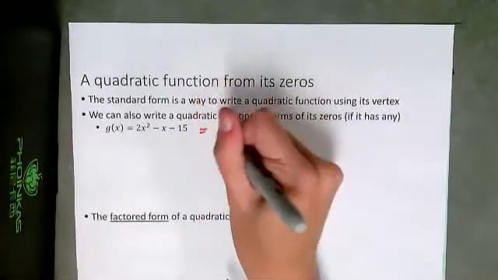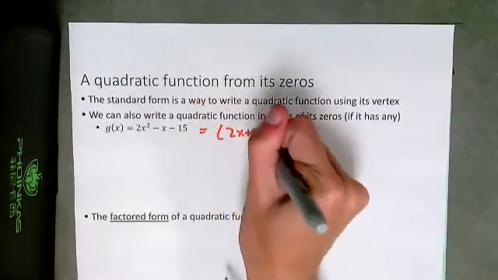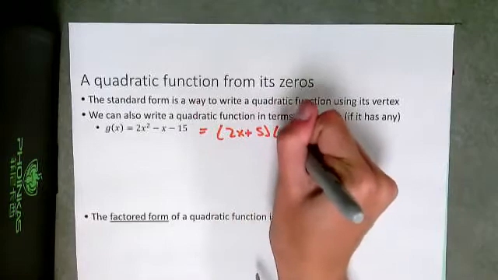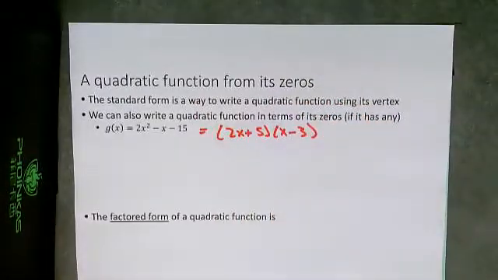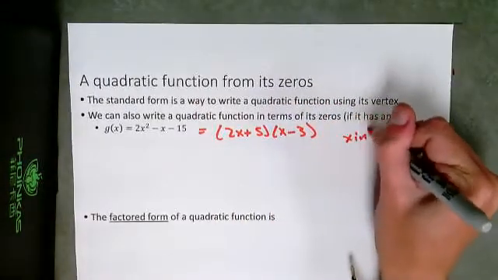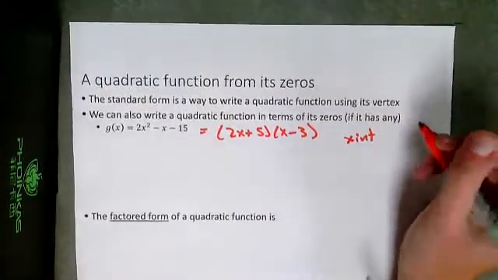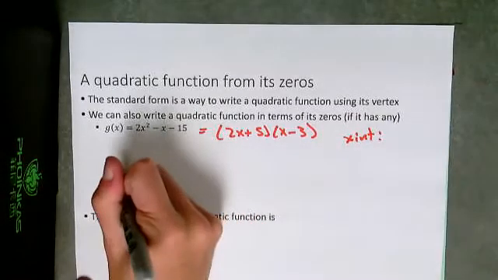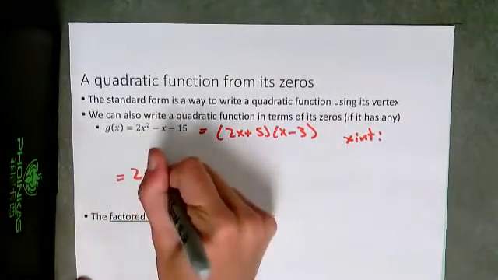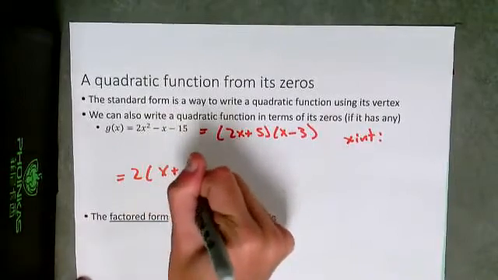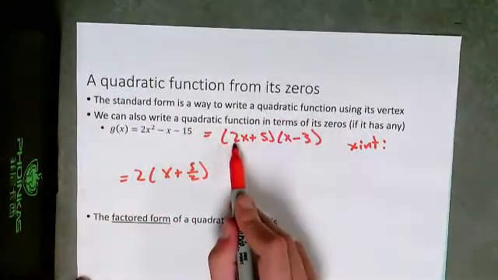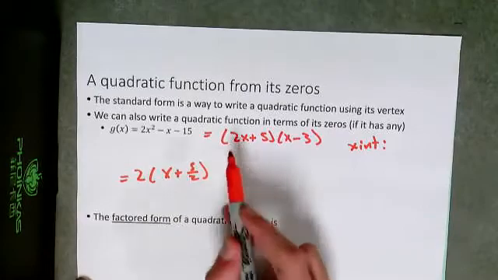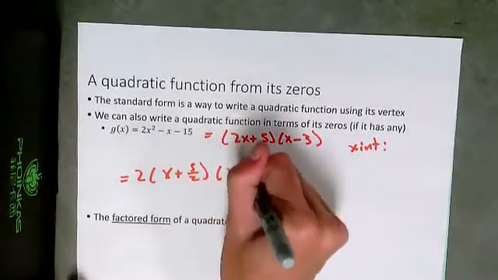This is the same thing as (2x plus 5) times (x minus 3). And so as x-intercepts, well, we'll write those down in a second. So another way to write this is 2 times (x plus 5 halves), right? If you factor the 2 out from this term, times (x minus 3).